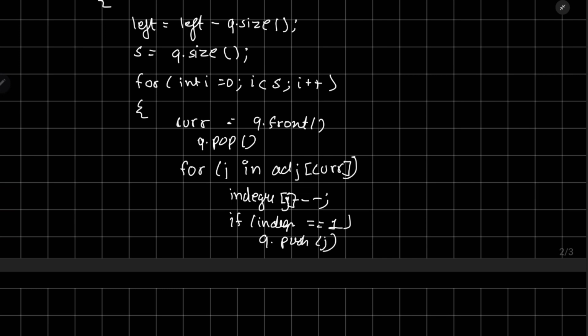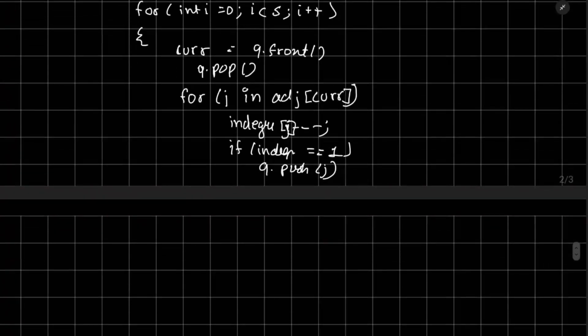Okay, so now that we have pushed into the queue the neighbors whose in degree has become 1, we will close this for loop and we will move to the next phase.